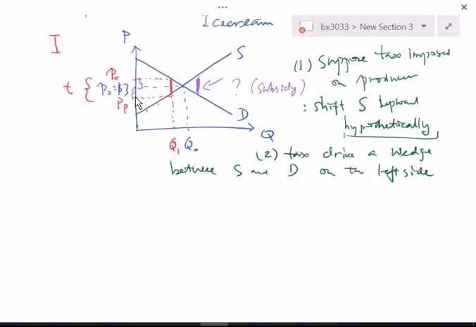However, such a share really depends on the elasticity of supply and demand.